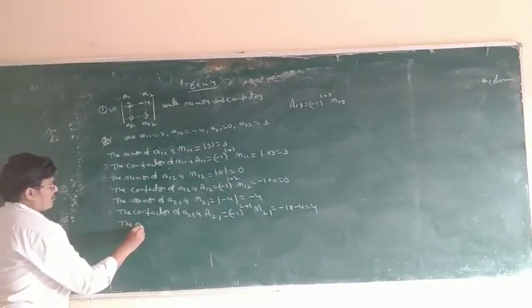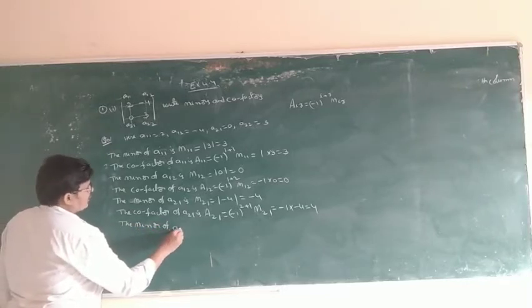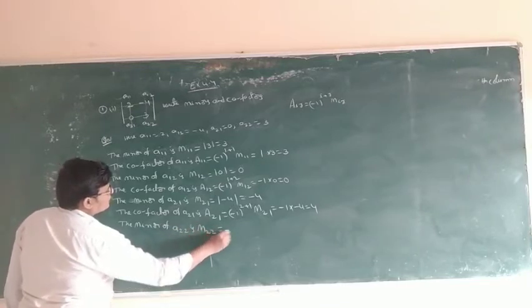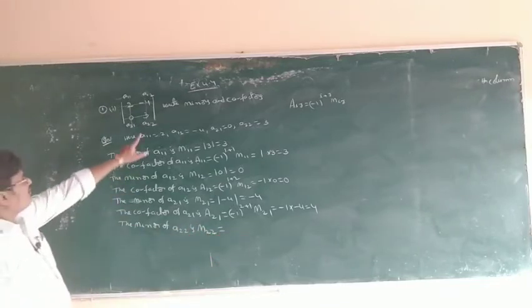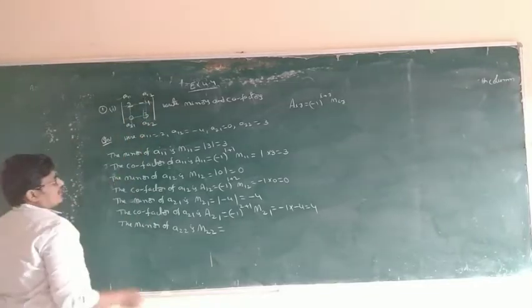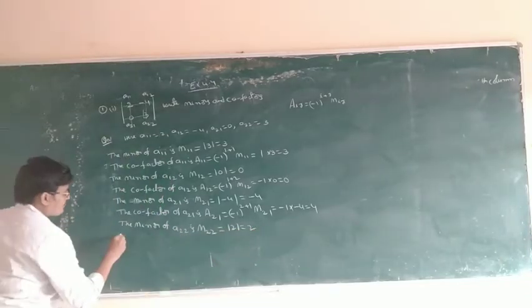The minor of A22 is capital M22. For the minor of A22, the column and row are deleted, the remaining is 2, so M22 is equal to 2.